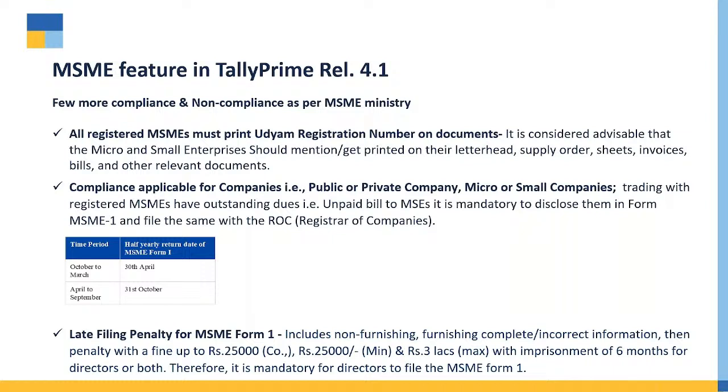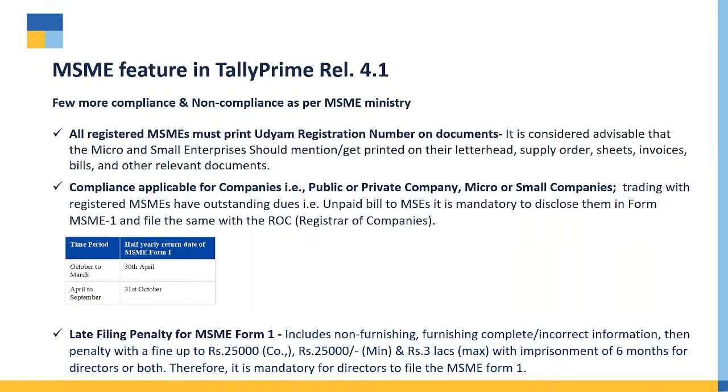So any company under the Registrar of Companies that trades with registered MSMEs and has outstanding dues, that is unpaid bills to MSMEs, the department imposes a compliance that it is mandatory to disclose them in Form 1 and file the same with the Registrar of Companies.